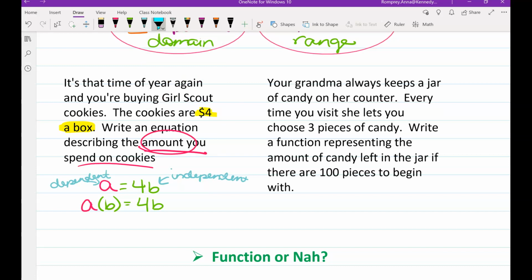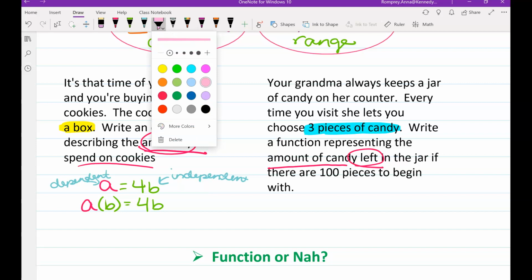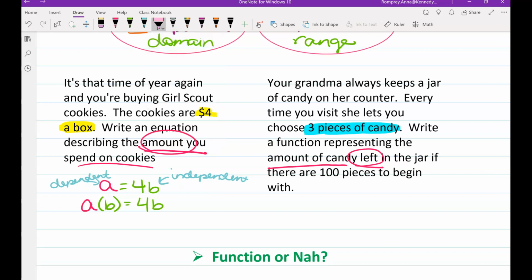That's pretty important, but not going to help us write an equation. Every time we visit, she lets us choose 3 pieces of candy. So we are writing a function. Cool beans. Write a function representing the amount of candy left in the jar if there are, that's also important, 100 pieces to begin with.